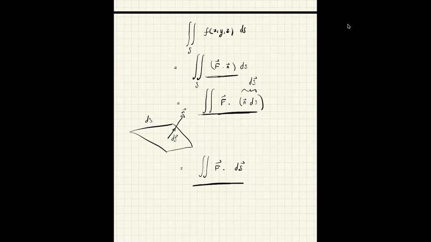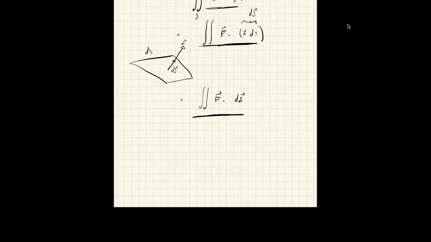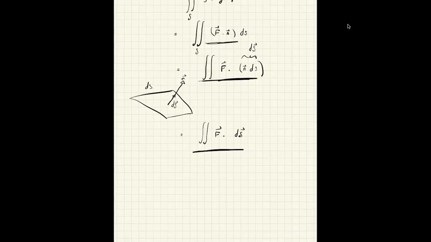So it's a vector that carries the direction of the normal vector, and the norm of this vector is the area of this little infinitesimal patch.